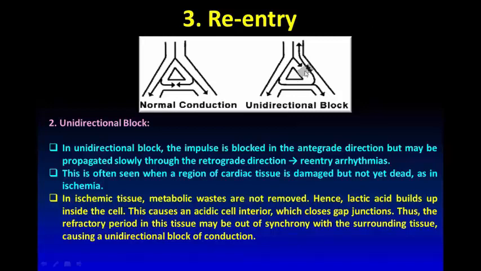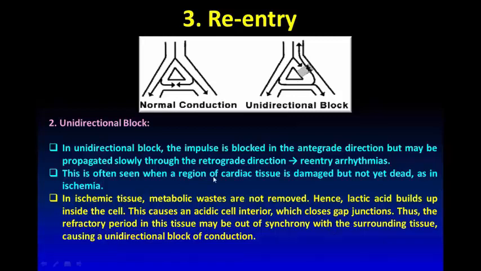In the ischemic myocardial tissue, metabolic waste products are not removed, hence lactic acid builds up inside the cells, and this causes an acidic cellular interior which closes the gap junctions which the cells have in the intercalated discs.